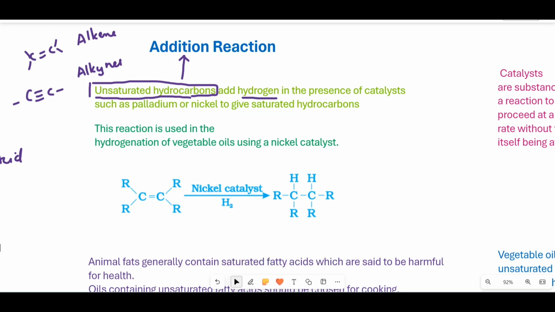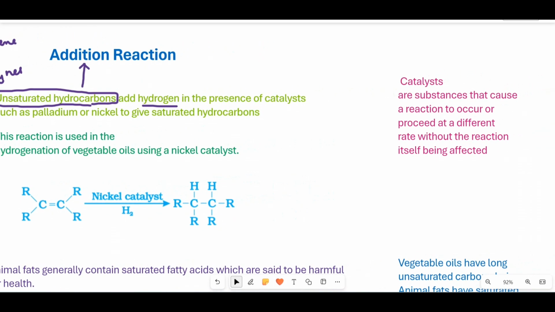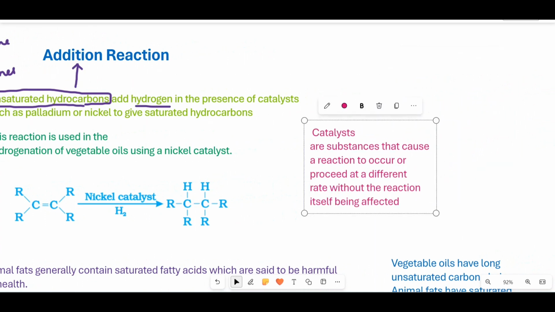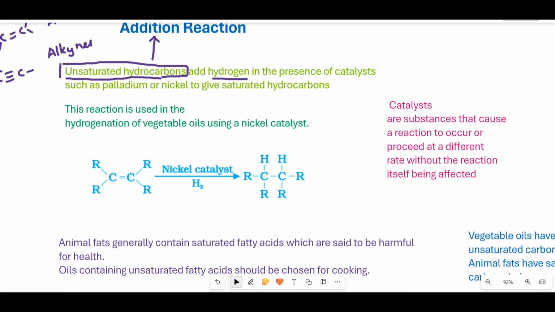Catalysts are substances that cause a reaction to occur or proceed at a faster rate without undergoing any chemical reaction. They cause a reaction to occur at a different rate. Some reactions can be fast, some can be slow.